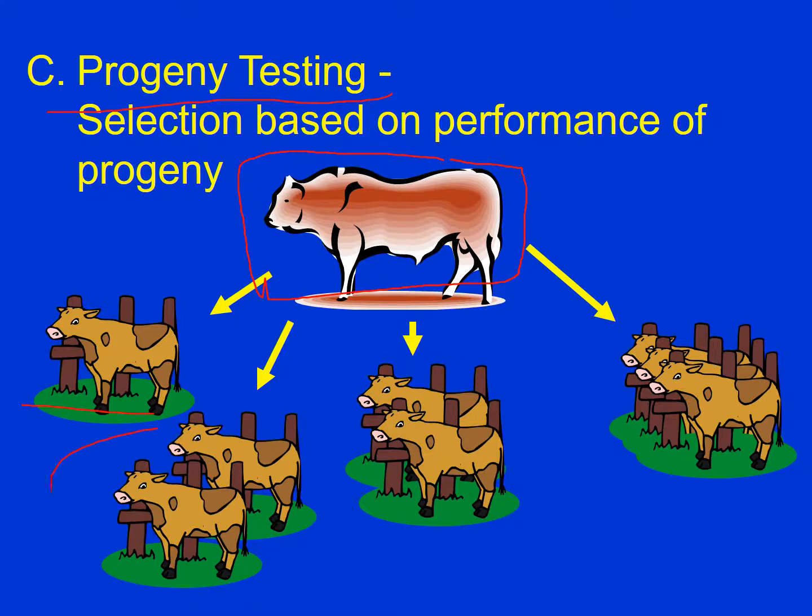So each of these little pods here represents offspring in different herds. And then we compare those offspring to offspring from other sires that have sired animals in those herds. And as I say, progeny testing has been very popular on an organized level from the 1960s.